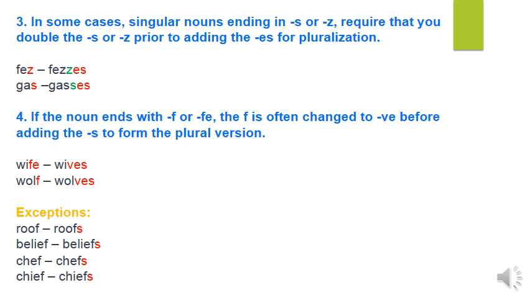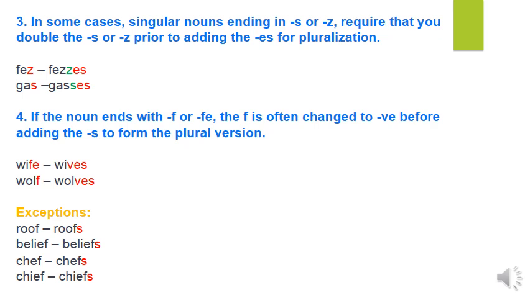Rule number 4, if the noun ends with f or fe, the f is often changed to ve before adding the s to form the plural version, such as wife, wives. So the fe is changed to v and then you add es, and like wolf, the f is changed to v and then you add es.